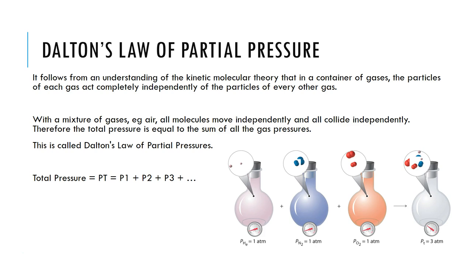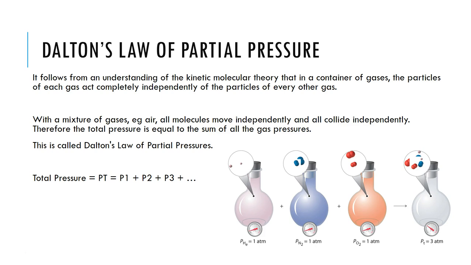We see this largely with the mixture of gases that we have in air. They're not all colliding and reacting with each other all the time. What we've got is different gases existing in one particular volume, and because of that, it's the collisions of each individual gas that sum totally to make our pressure.